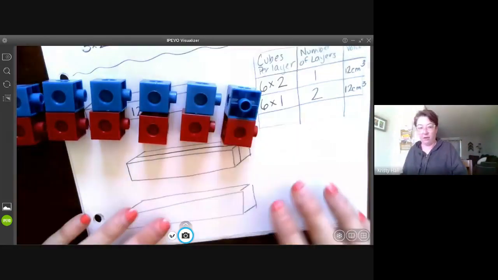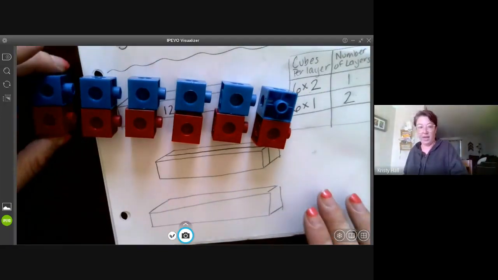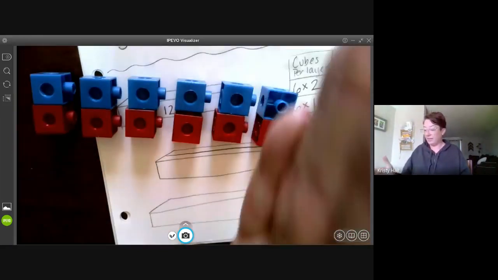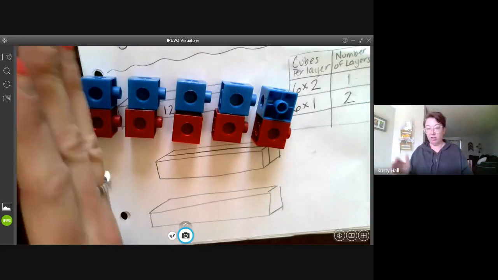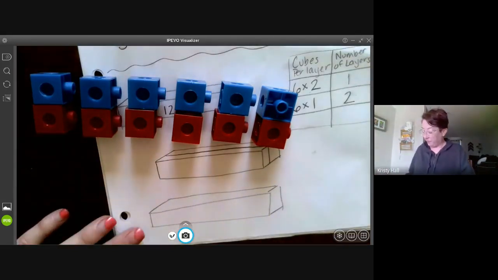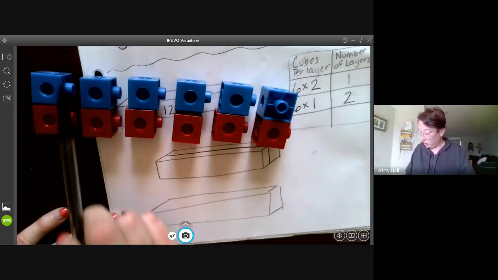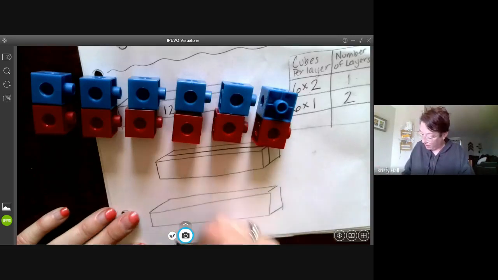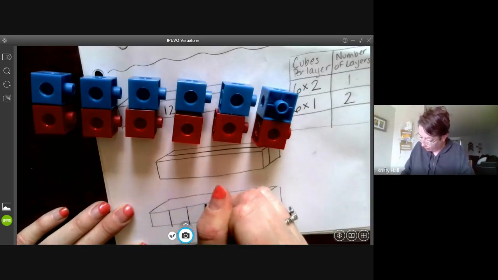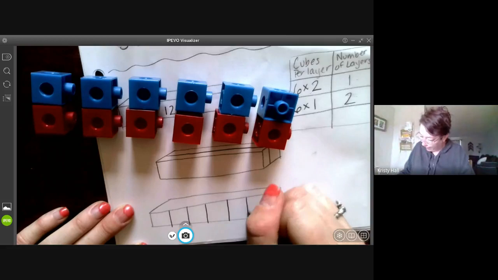So if you think about if this were like a cake or a cheese, remember we're slicing this way. So I'm going to draw each of those slices into my figure. So I made 1, 2, 3, 4, 5 cuts.